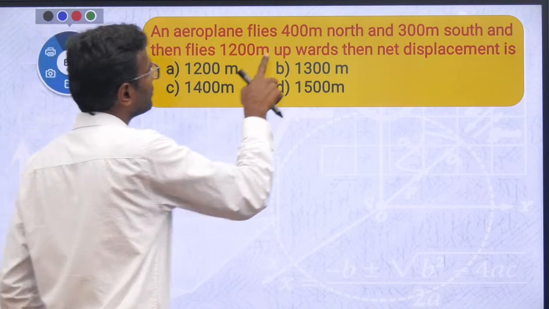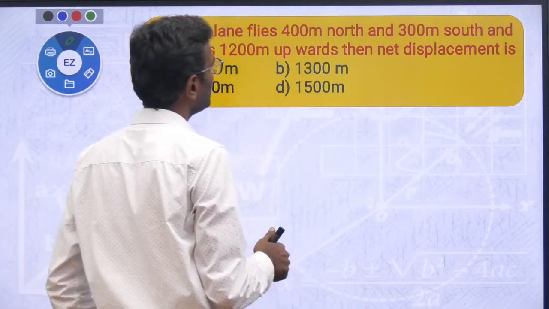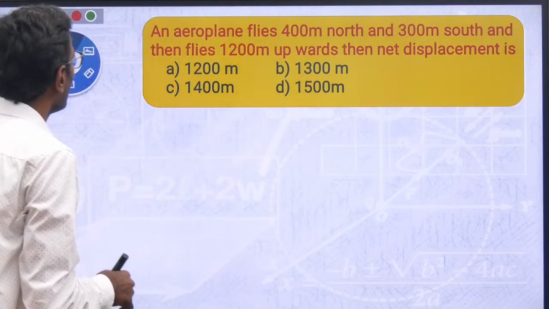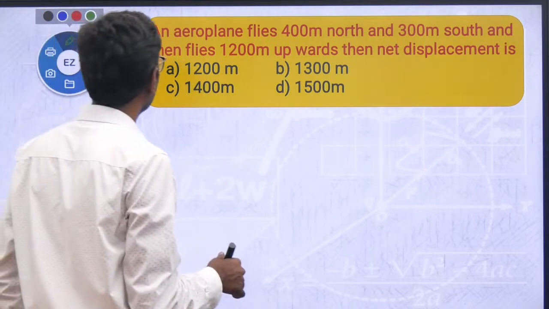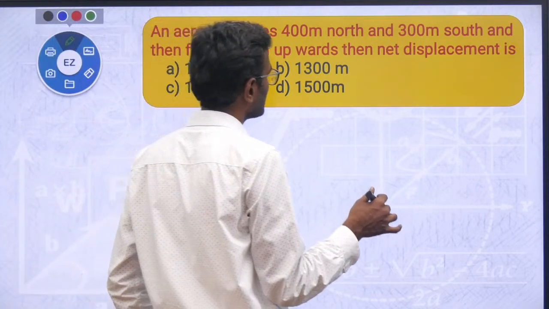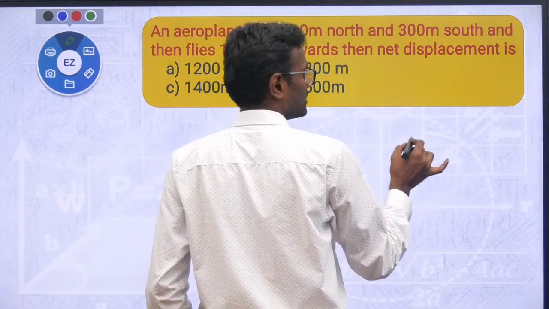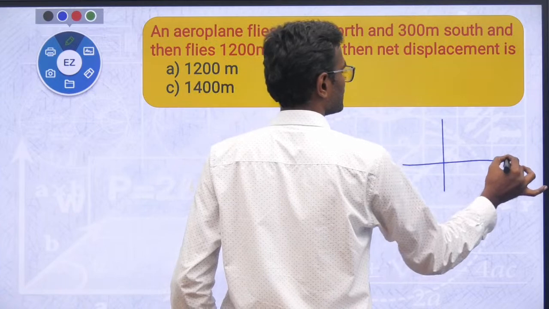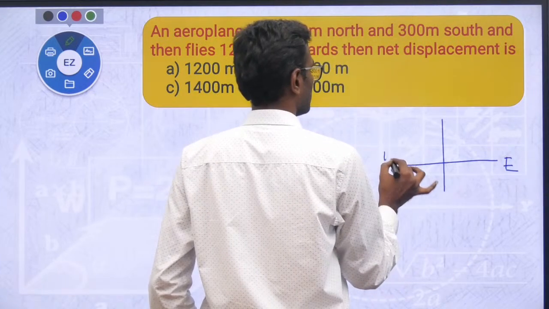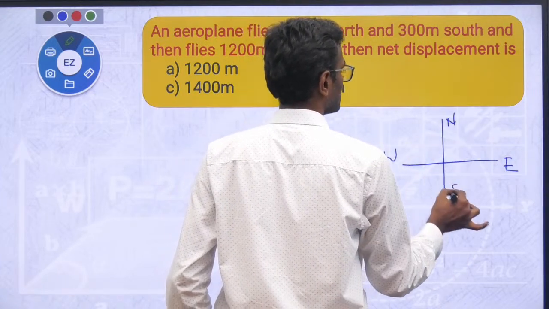An aeroplane flies 400 meters north, 300 meters south, and flies 1200 meters in the upward direction. Then what will the displacement be? So now I will take the directions: east, west, north, south.